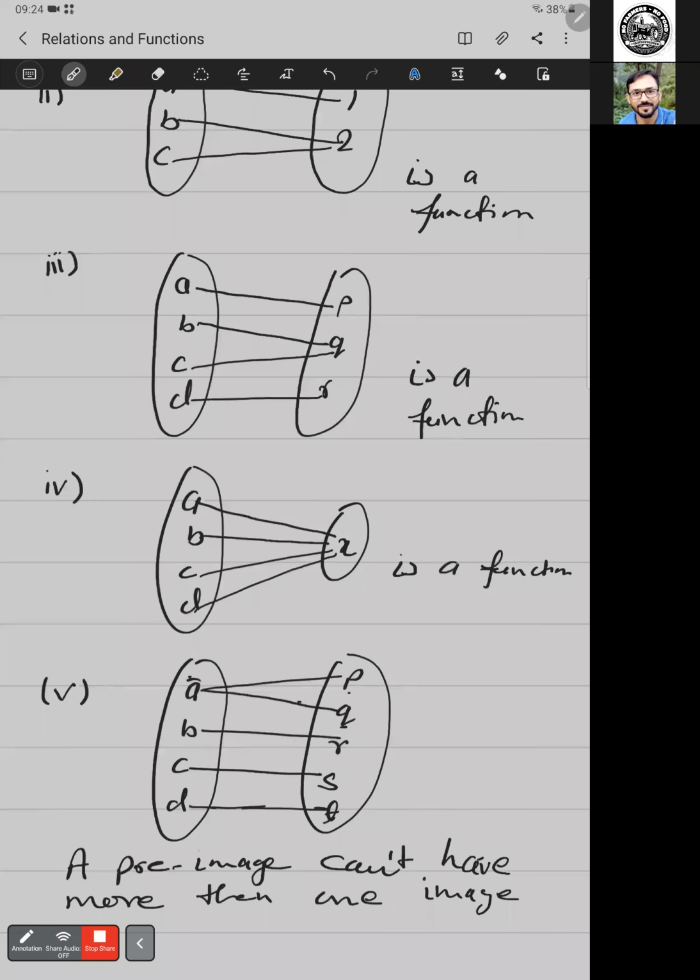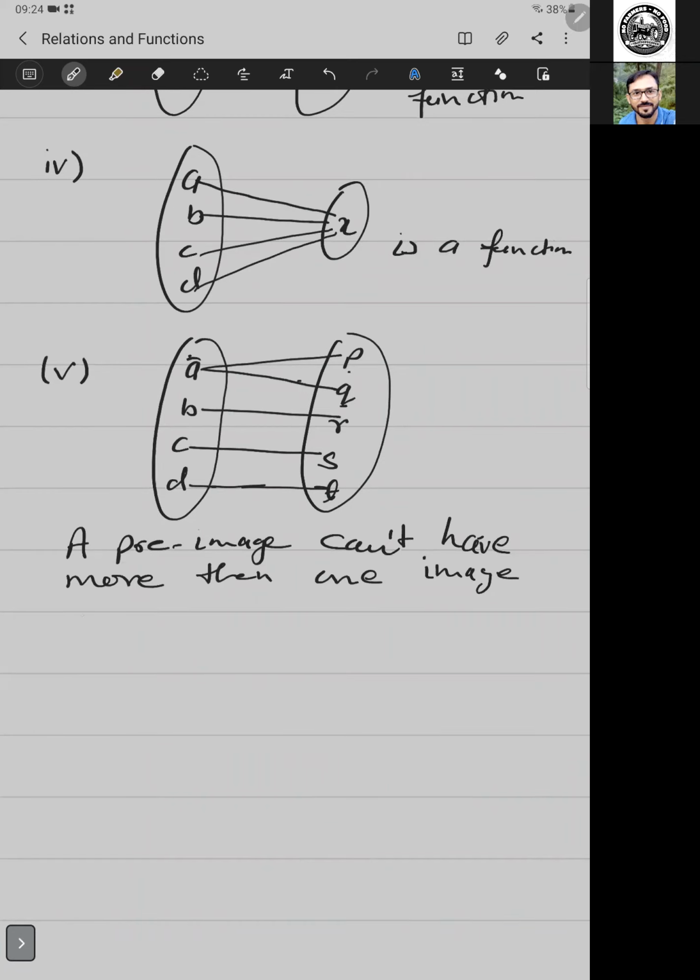A pre-image cannot have more than one image. Therefore, this relation is not a function. This relation is not a function. So I think you are able to understand this also.